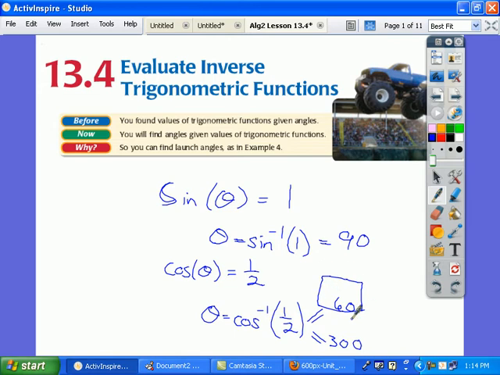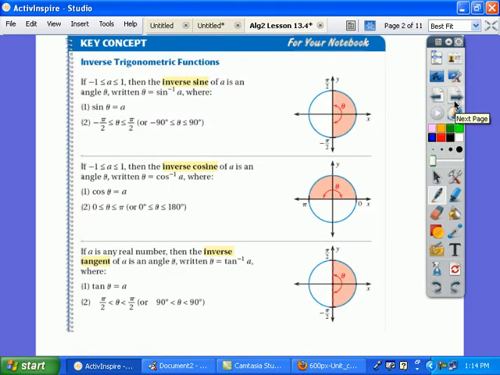The reason it does that is because we restrict the domain of the inverse functions. So inverse sine, we only look between negative 90 and 90. Inverse cosine, we look between 0 and 180. And inverse tangent, we look between negative 90 and 90 again. Anytime we take inverse functions, it has this restricted domain so that we only get one value out.